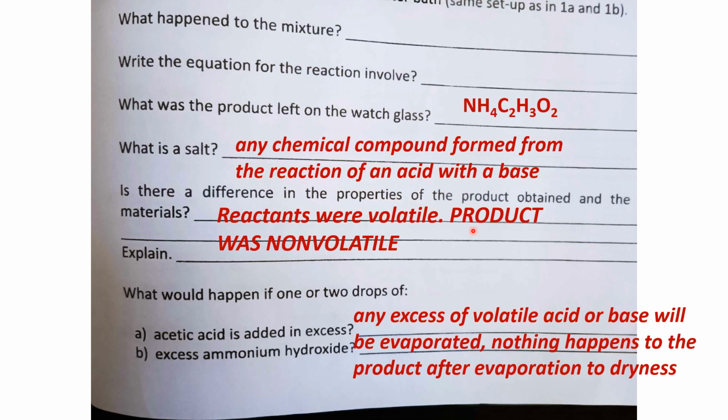So nothing will happen to the product after evaporation. Since acetic acid is volatile, ammonium hydroxide is also volatile. So after heat evaporating to dryness, the acetic acid and ammonium hydroxide will also fly off.